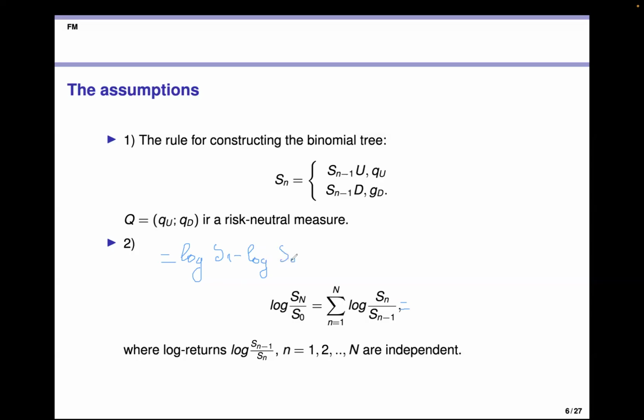Yes, this is for n equals 1. For n equals 2, what do we have? It should be log S2 minus log S1. Yeah, thank you. Nice.